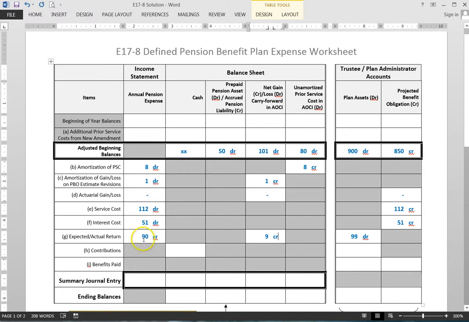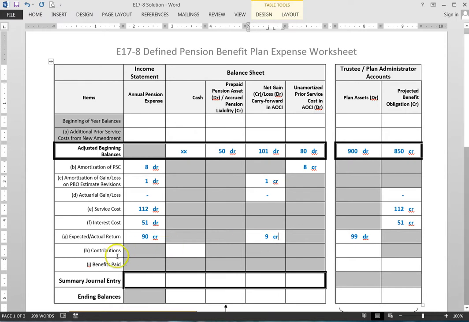Since there's a difference between the long-range expected return and the actual rate of return, that difference is allowed to temporarily go into shareholders' equity as a part of accumulated other comprehensive income. And so that's one of the other uses of this net gain or loss carry forward. It's kind of a catch-all account where we temporarily hold some of these miscellaneous gains and losses that are associated with pensions.